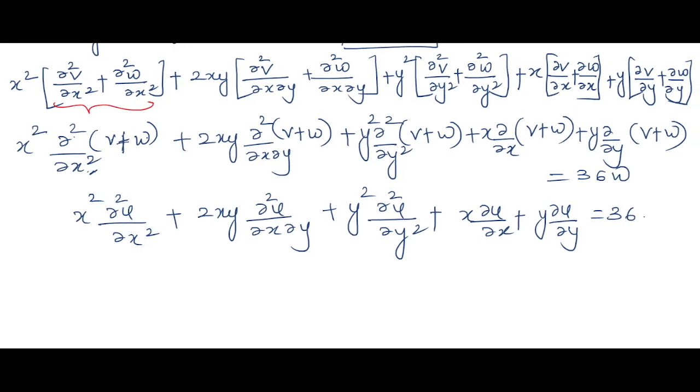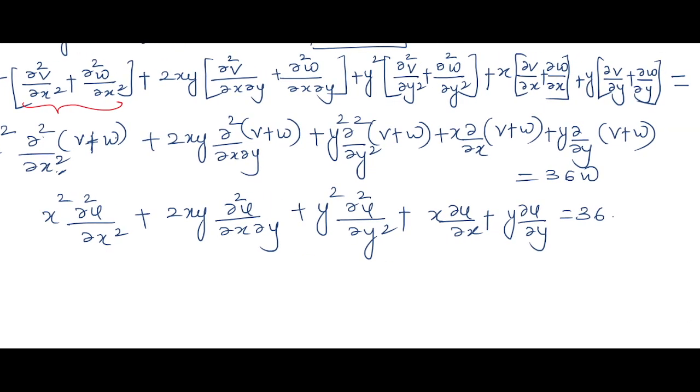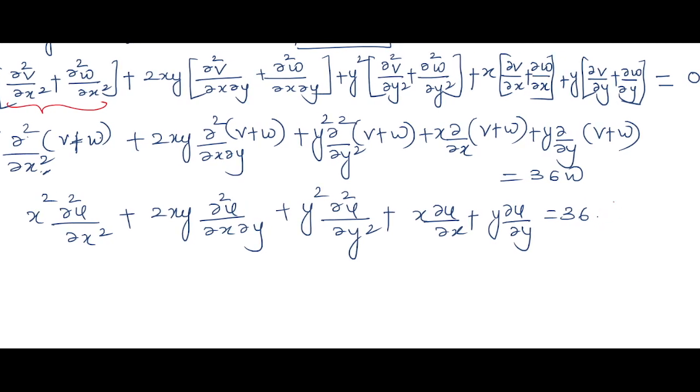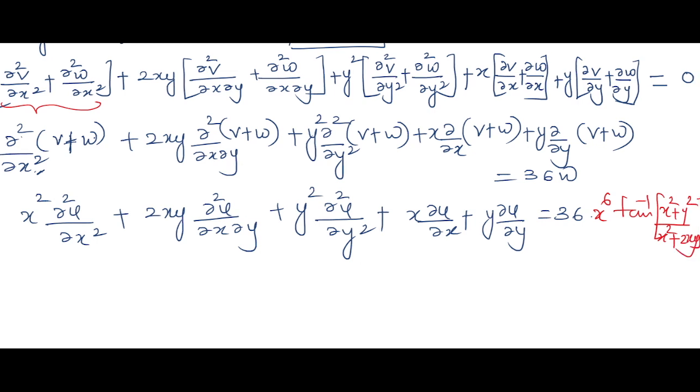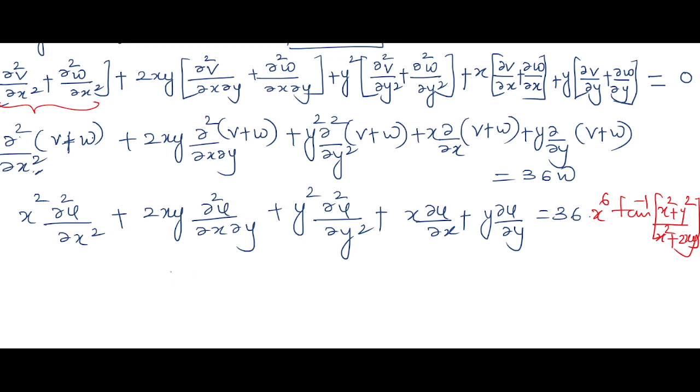It becomes 36 x raised to 6 tan inverse of (x square plus y square) upon (x square plus 2xy). Okay, so this is the left hand side which is asked in the question. We are supposed to find the value of this at (1, 2).